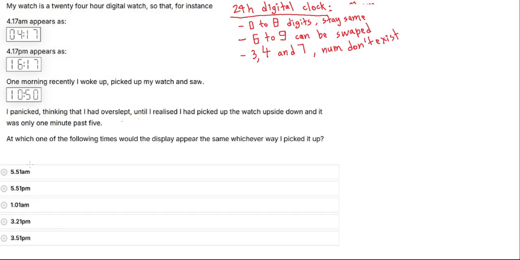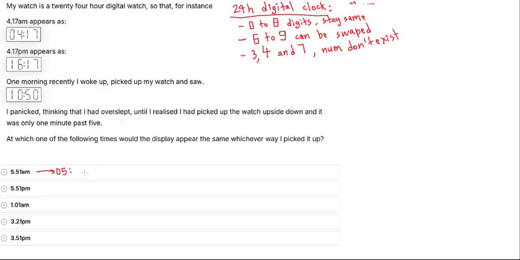Now let's focus on these 5 given options. The first option is 5:51 a.m. We cannot add 12 for AMs. Like we said, for PM, for example 4:17 p.m., we can add 12 to make 16:17. But for AMs, we simply ignore. It will be exactly the same.